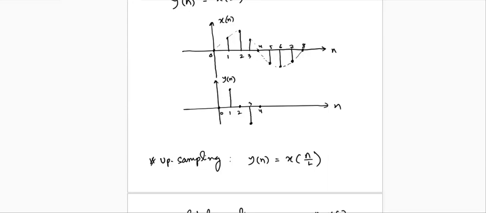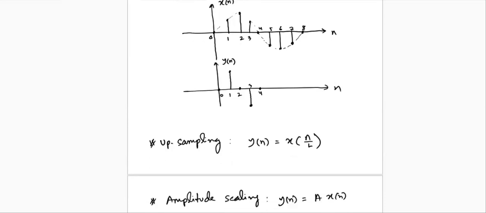Sometimes you have a sampling frequency and you need to change it in other places. There comes multi-rate signal processing, where these two terms, upsampling and downsampling, are very important to understand.